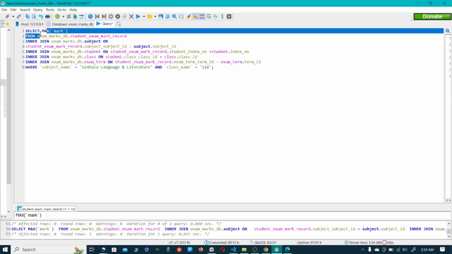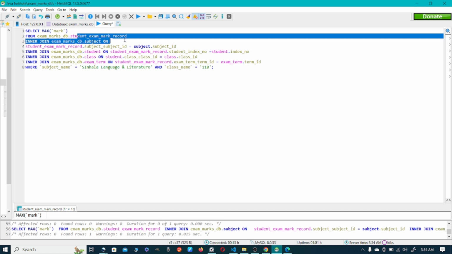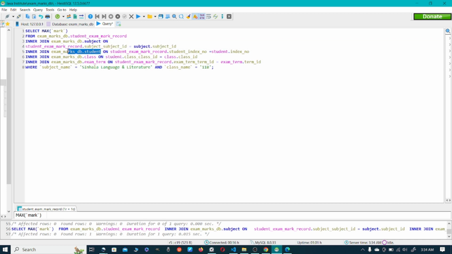We have derived the max mark from these set of join tables. Firstly, we have joined the student exam mark record table with the subject table, so we can filter the subject marks only. As they have given a specific class name, level B, and we can access the class ID through the student table, we have joined the student table.